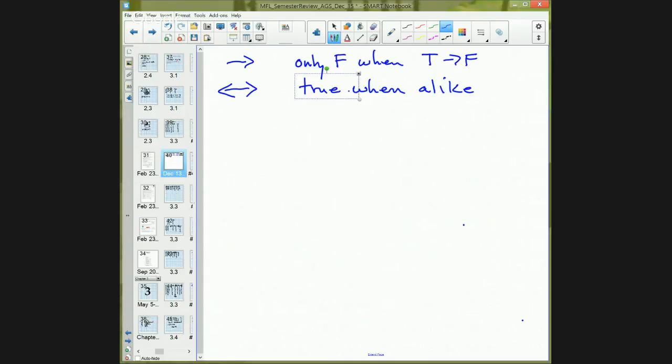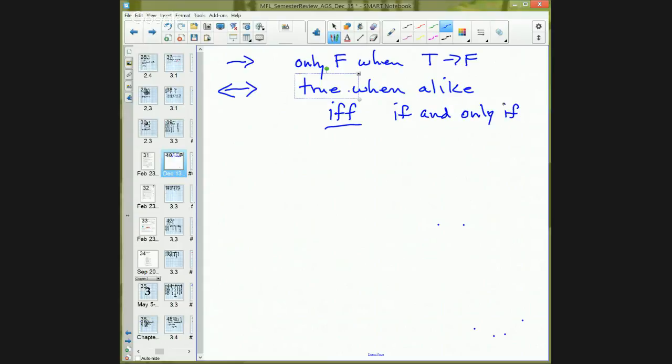So how do you know in the sentence that it's a biconditional? What are our clues to go with? Well, you'll either see the word biconditional or you'll see the words if and only if. You might see IFF. I doubt it, but that's the math way of saying if and only if.